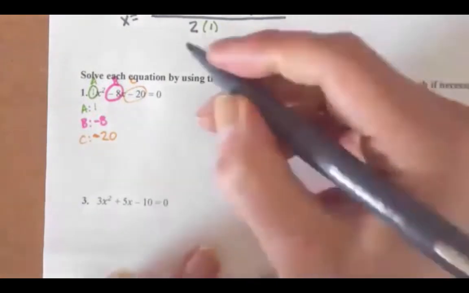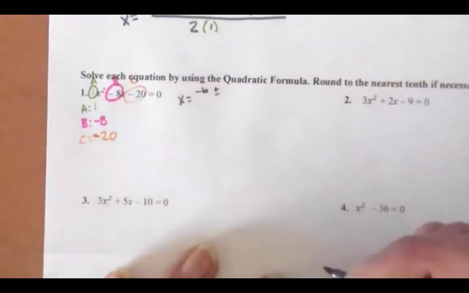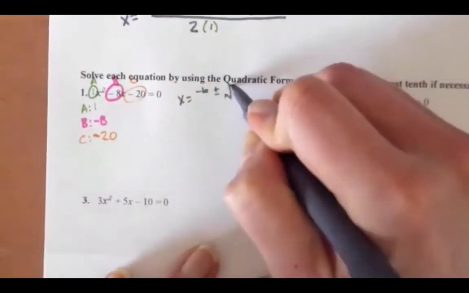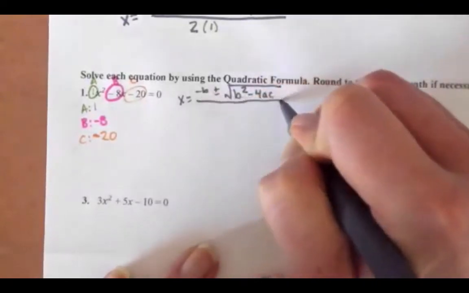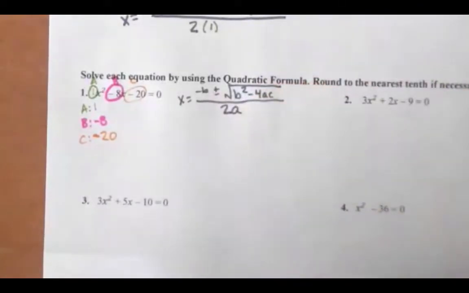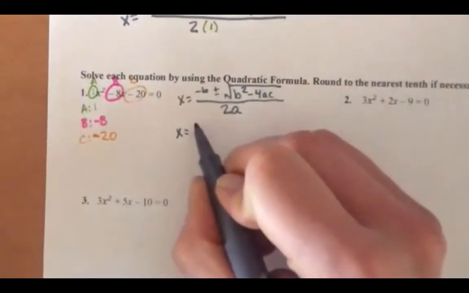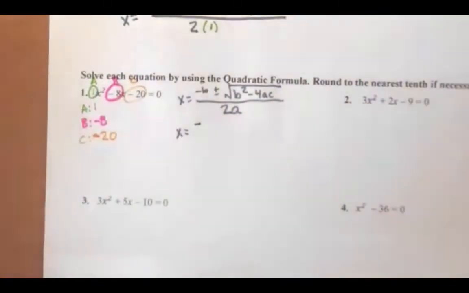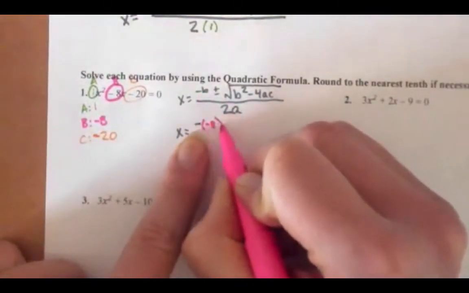So I'll start out by writing x equals negative b plus and minus the square root b squared minus 4ac all over 2a. You guys had that right at the top of your notes. And then I can plug in x equals negative b is negative 8. So I'm going to plug it in as negative, and then I have negative 8 goes inside.